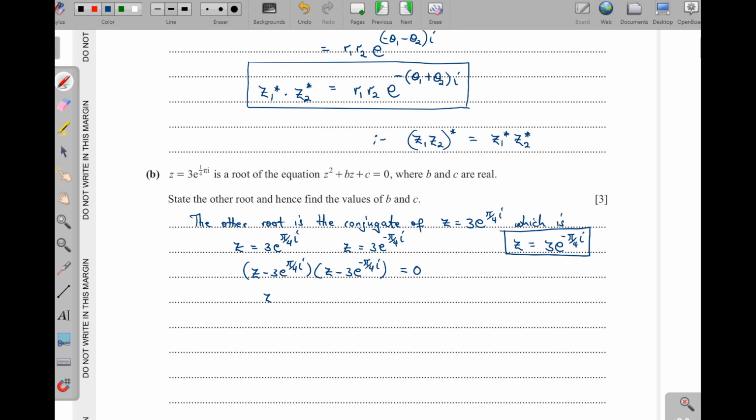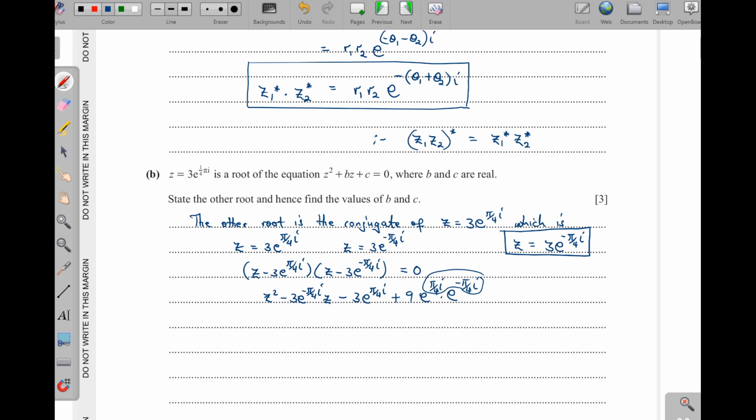Now we open the brackets, we have z squared, then z times this one here, you get minus 3e power negative pi over 4i of z, and then here, that will be minus 3e power pi over 4i, and then plus, because this is a negative times a negative, 3 times 3, that will be a 9, then e power pi over 4i times e power negative pi over 4i.